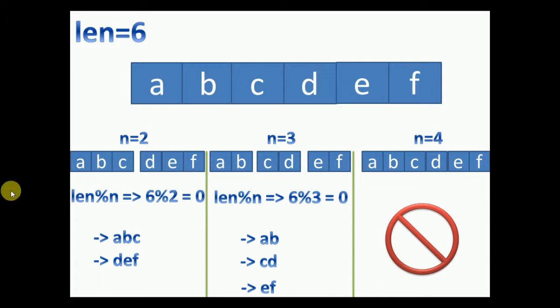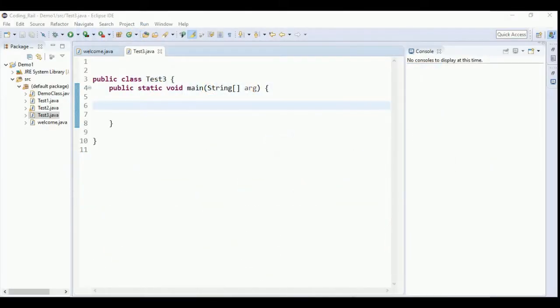Inside our inner loop we will print our character values A, B, C, and for the second iteration we will print D, E, F. That's it. We just need to break our for loop according to our length and whatever input we are getting from the user side. So let's see it in the program section.